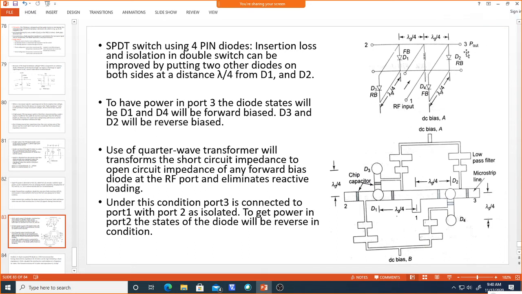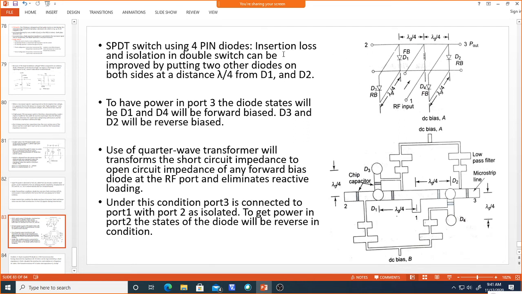So if you give the input power at port 1, and you want to isolate port 2 and get the power at port 3, this is the state. Now if you want to get the power at port 2, the states of the diodes will be reversed: D1 and D4 will be reverse biased, and D3 and D2 will be forward biased, for the power to appear at port 2.